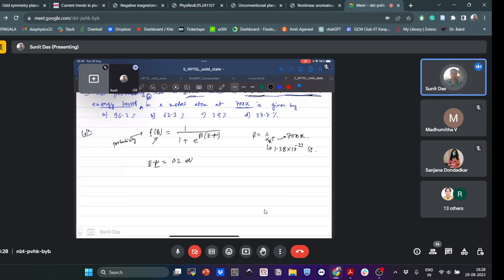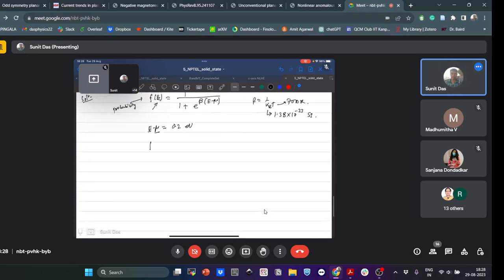So if we put all this information, f of E will be 1 by 1 plus exponential of 0.2 times the electronic charge, to convert it to SI, divided by kB times 700.